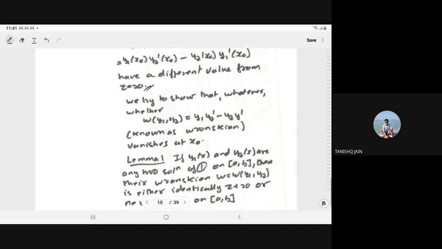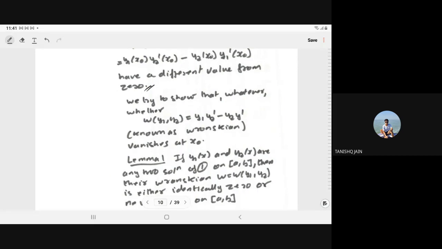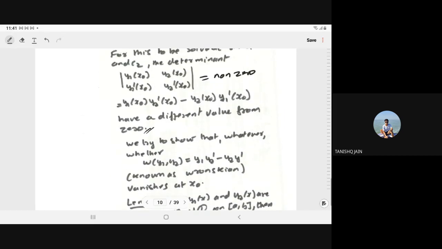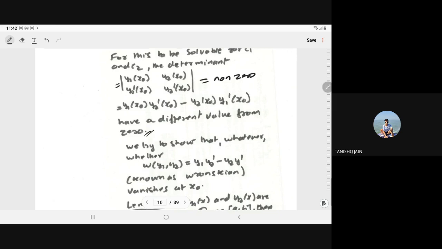Now we determine the condition when it is non-zero. This determinant we denote by W, which is a function of y1 and y2, and it is known as the Wronskian.